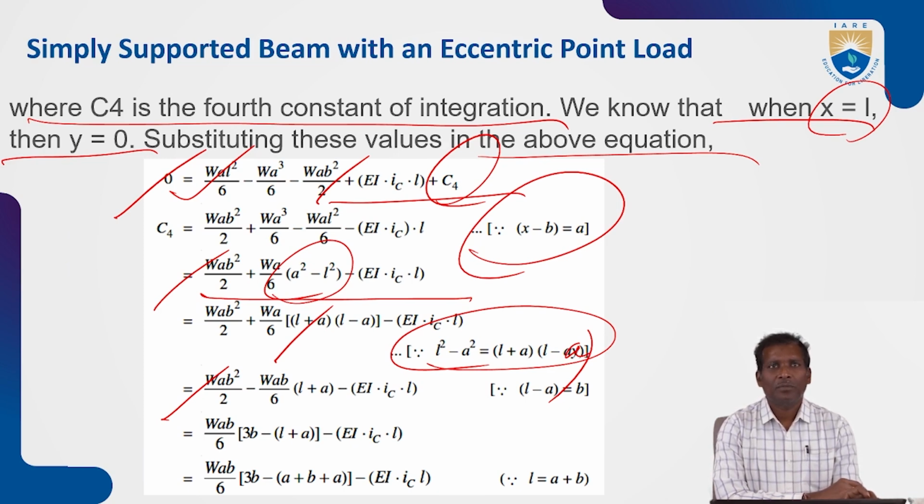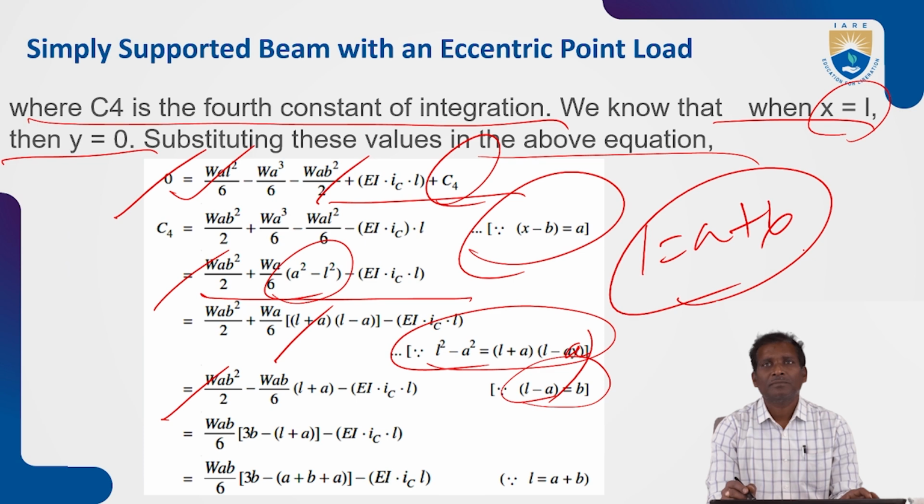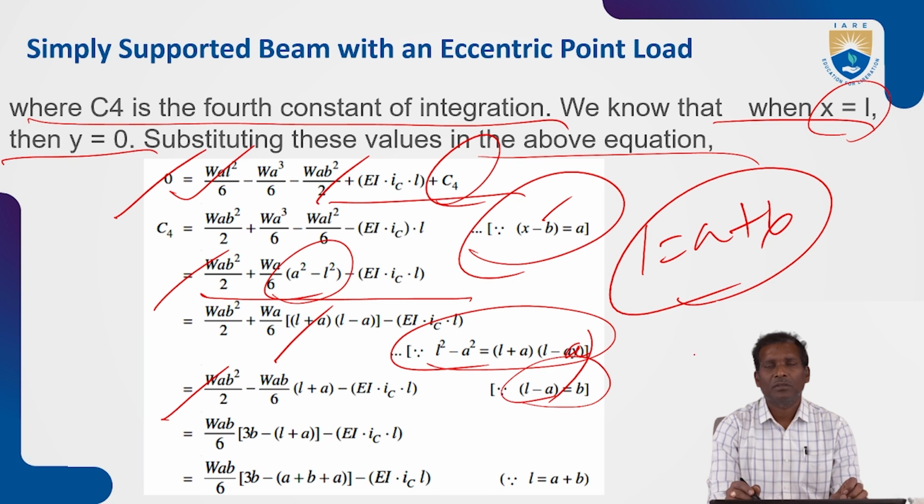So now WaB square by 2 minus WaB by 6 into L plus a. So L minus a is equal to B. Why? Because L is equal to a plus B. Here X is equal to L, so that L is equal to a plus B.